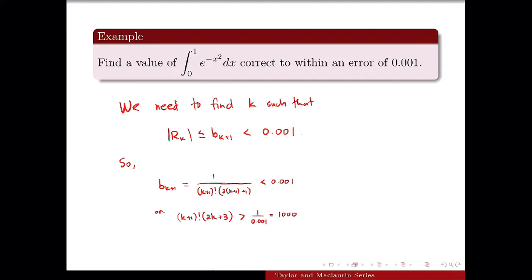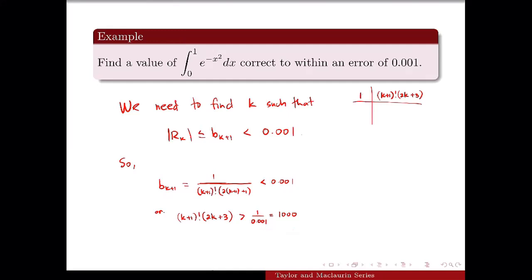And then from here, let's just do some trial and error. Okay? Let's start with k equals 1, k equals 2, k equals 3. We will try to choose the smallest value of k satisfying this guy here. So let's see. We have here k plus 1 factorial times 2k plus 3. Okay?